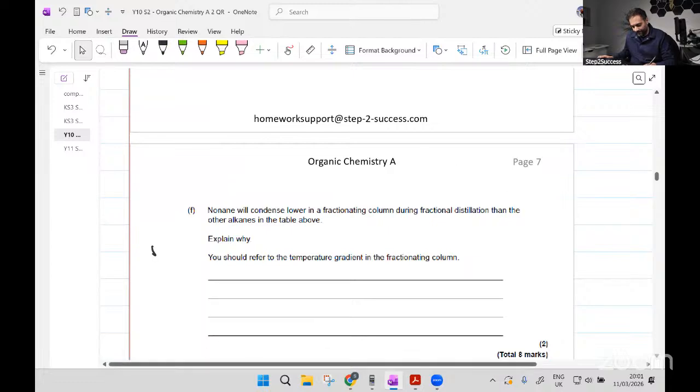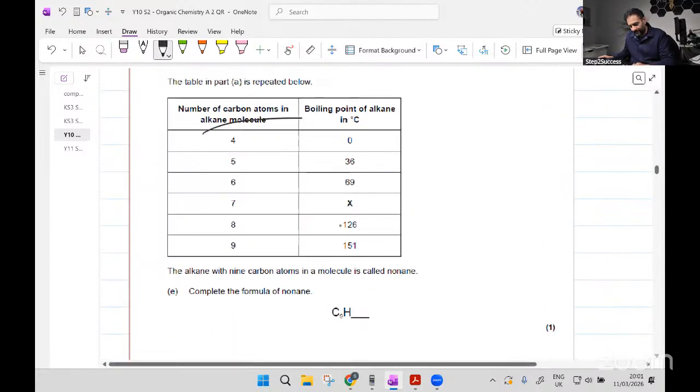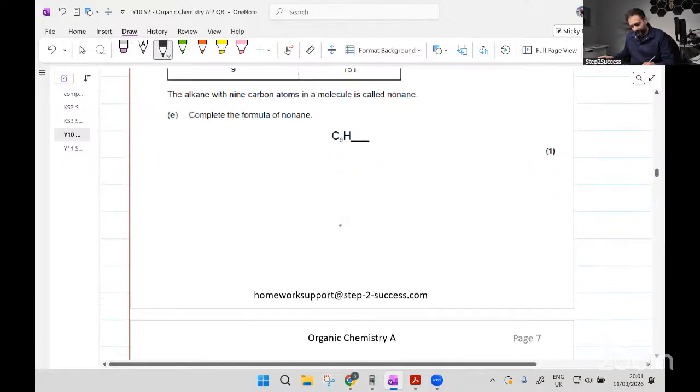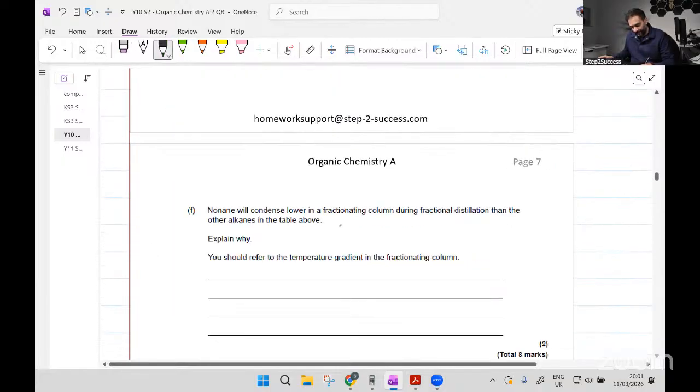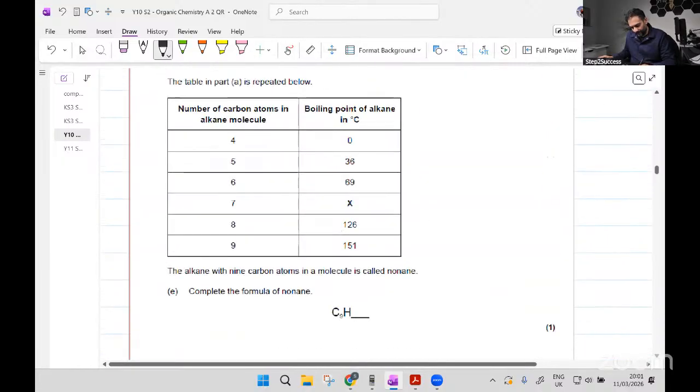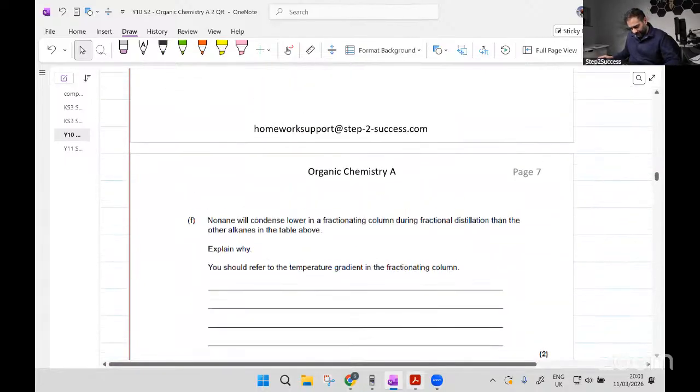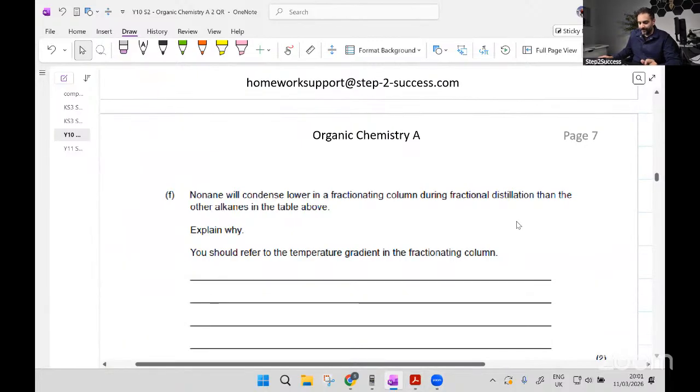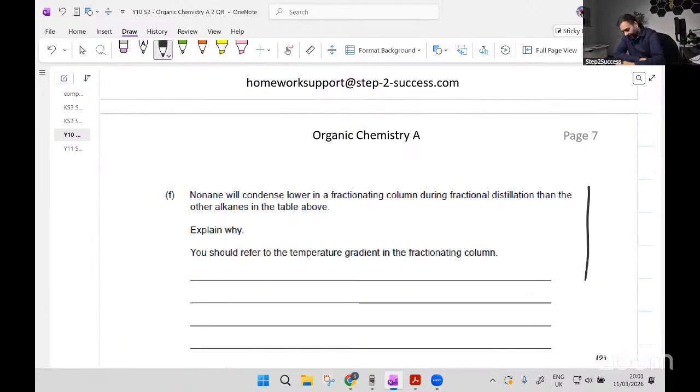In the table above, we've got these alkanes. Now, nonane, which is this one here, it says that it will condense lower in the fractionating column during fractional distillation. The other alkanes in the table above explain why. So the fractional distillation column is hot at the bottom and cooler at the top, which means that as the gases rise, because they've all got different boiling points, remember a boiling point is also a condensing point if we're going the other way.